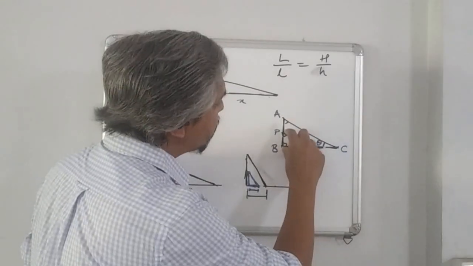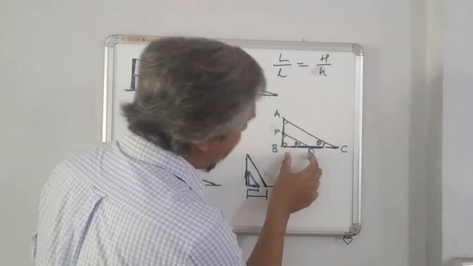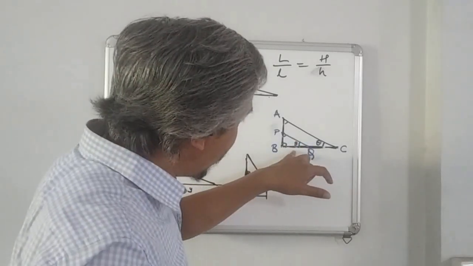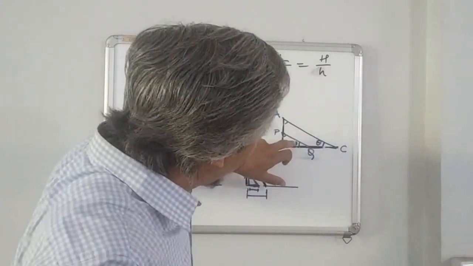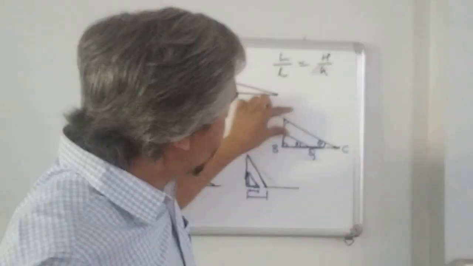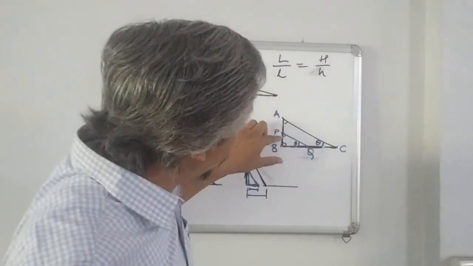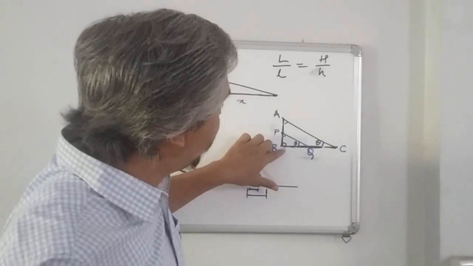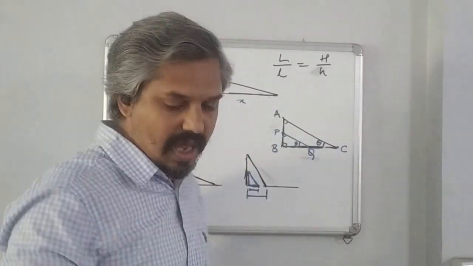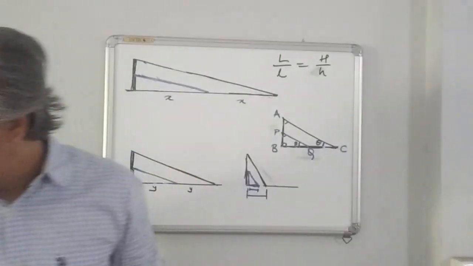The smaller triangle is representing the height of the son and the length of the shadow of the son. No matter what the angle is, these two angles will always be equal because these are sun rays coming parallel. And because the sun rays are coming parallel, even these two angles will also be equal, and this angle is obviously equal at 90 degrees. So these three angles are equal for both the triangles.